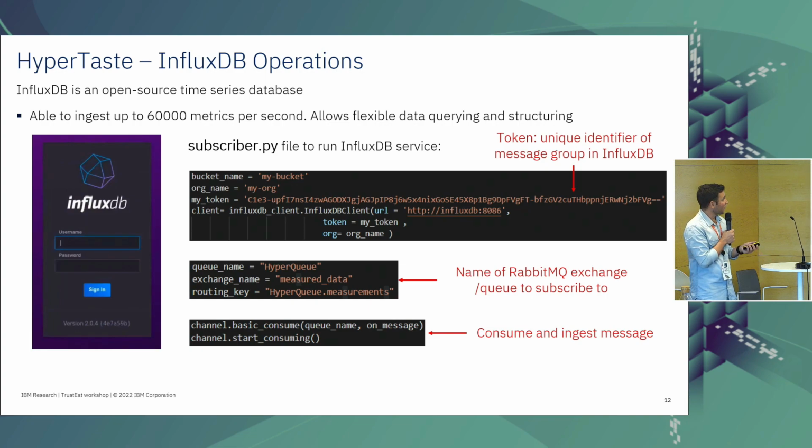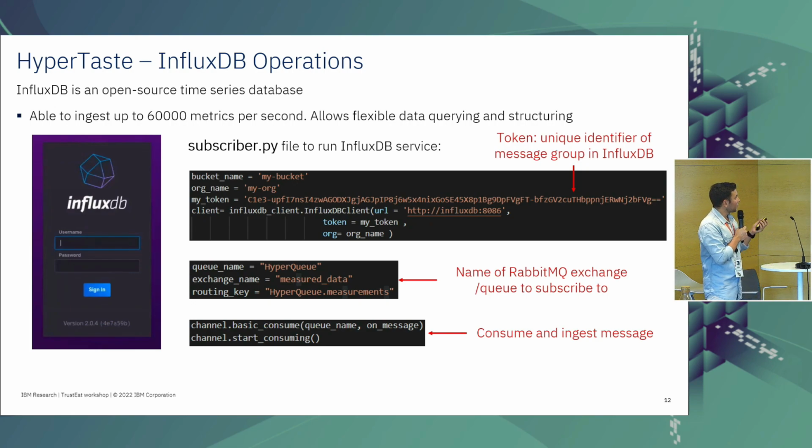We had to configure this subscriber file because the InfluxDB was subscribing to the queue provided by the message broker, and we have to uniquely identify a place in which all the measurements will be stored. So in that database, we usually have the tokens, which are like the unique identifier of all the measurements that we perform.